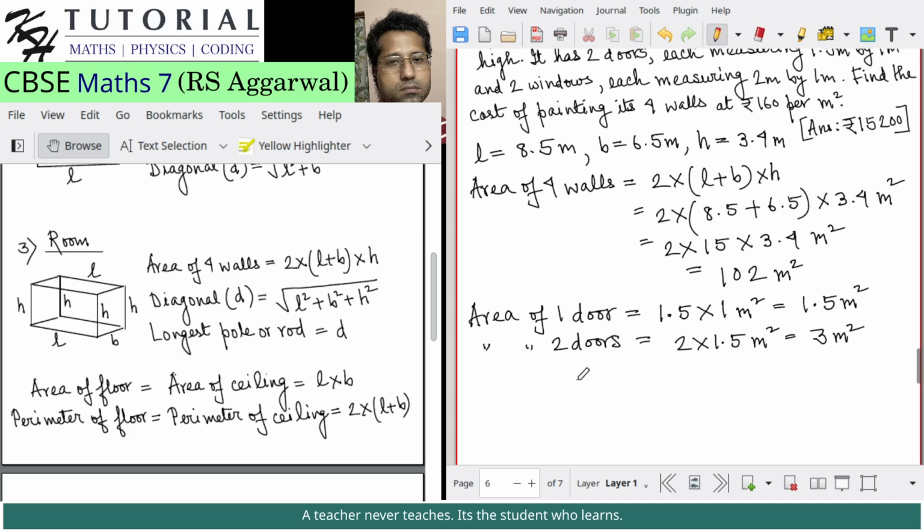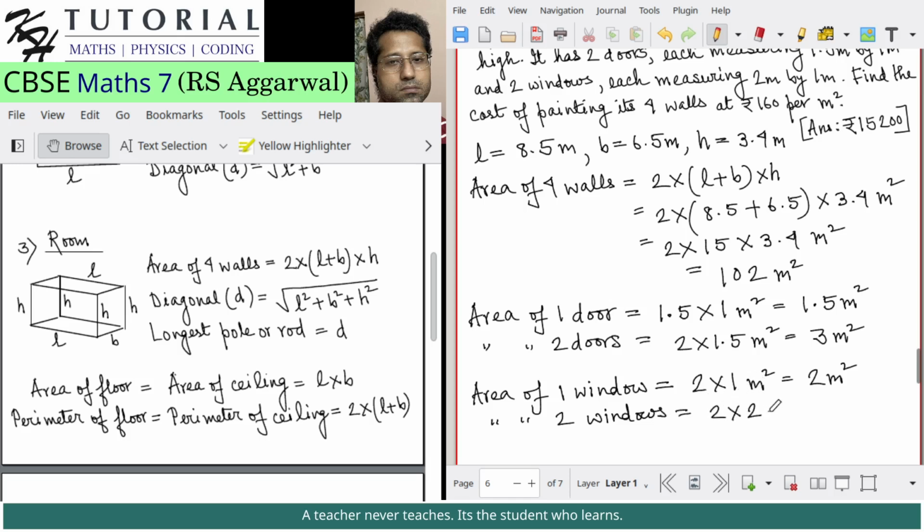Similarly, we have to find the area of two windows. So area of one window will be, the dimension of each window is given to be 2 meter by 1 meter. So 2 multiplied by 1 meter square, this is 2 meter square. Therefore, area of two windows using unitary method will be 2 multiplied by 2 meter square, which is 4 meter square.